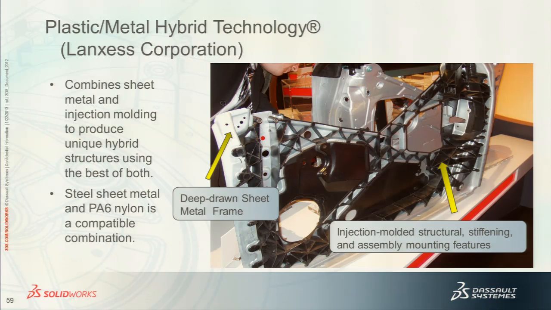So what we ended up doing here is the exterior body panel, the door, rather than having welded brackets and a whole substructure on the inside of the door, this was all injection molded.